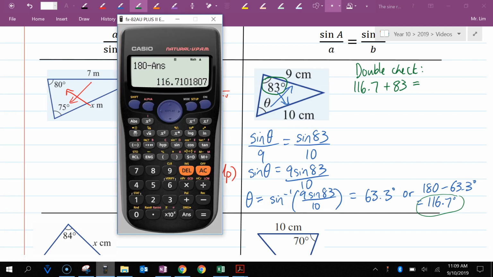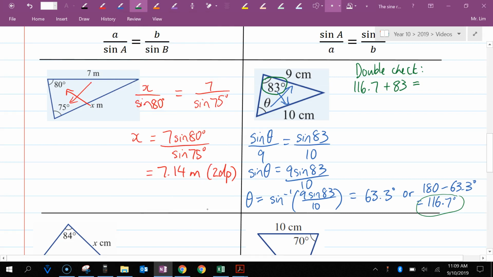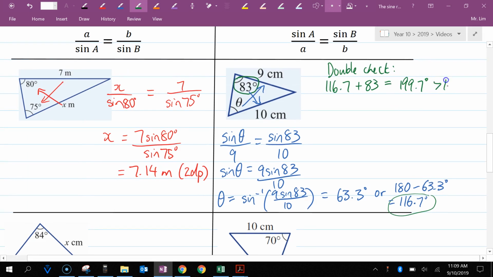So when we add this to 83, we get 199.7, which is greater than 180. Therefore, 116.7 degrees is not possible.